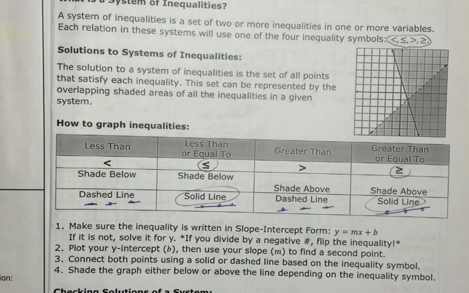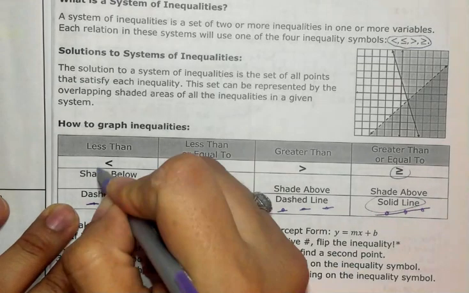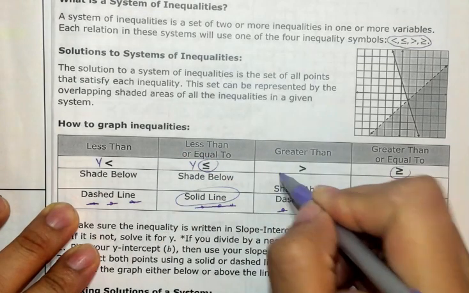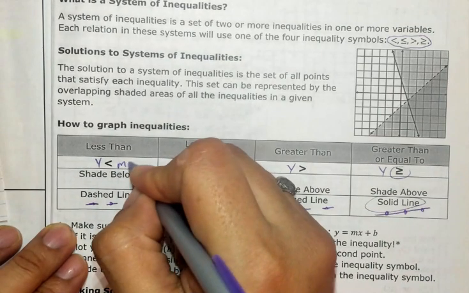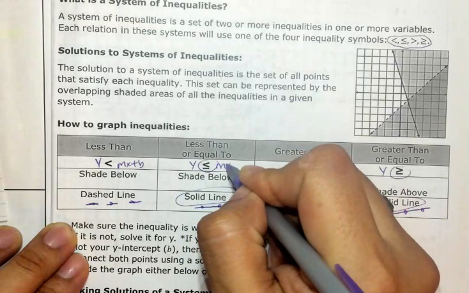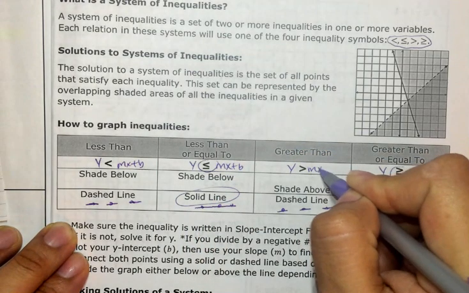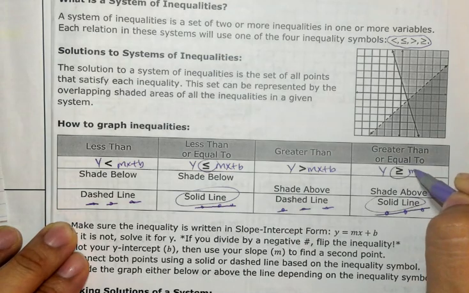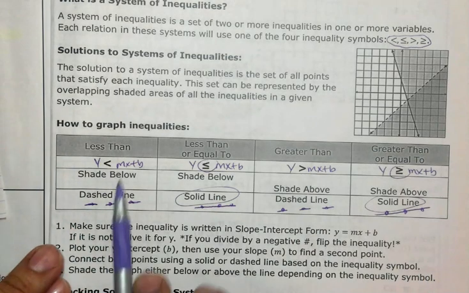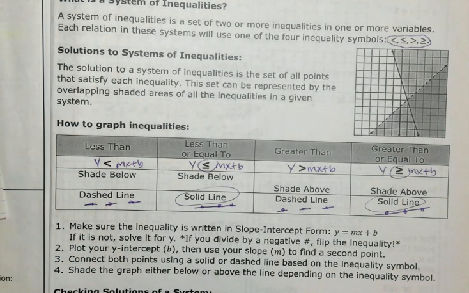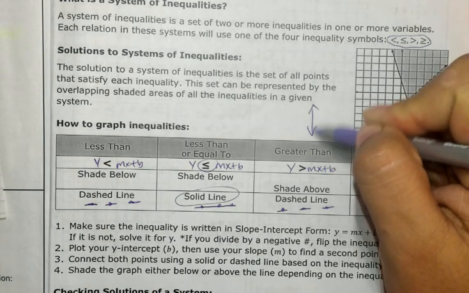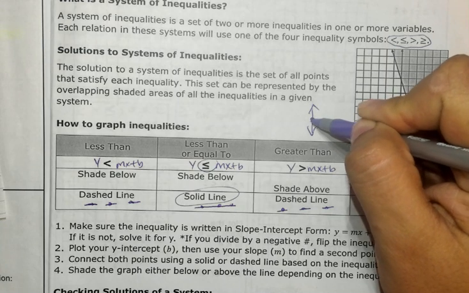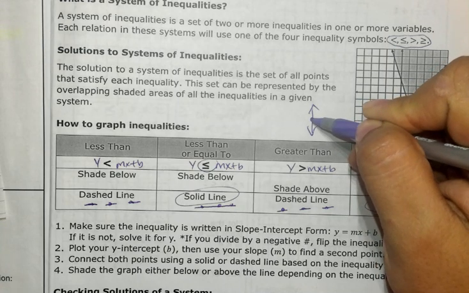Okay, and then besides dashed or solid, you have to decide whether to shade above or below. So we concluded that if you have y by itself on the left side and mx plus b format on the right side, or you can even have x, but we'll get to that in a little bit. Whenever you have y by itself on the left side, you want to conclude whether you are shading above or below the line.